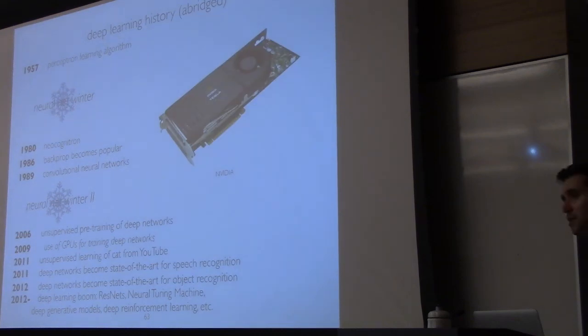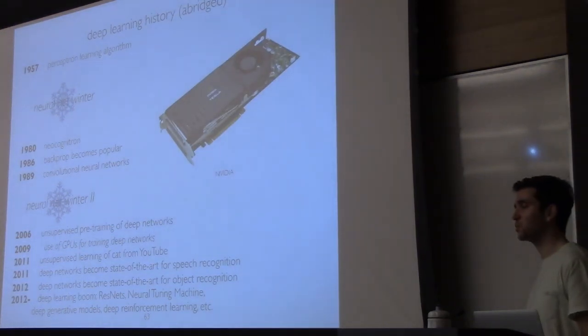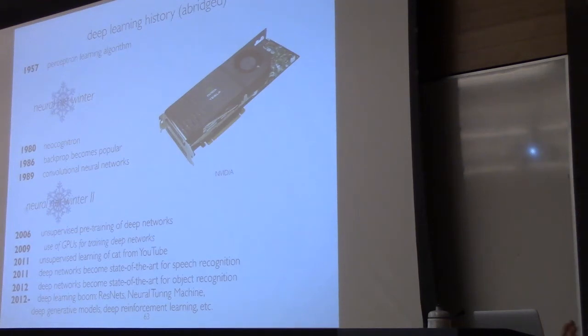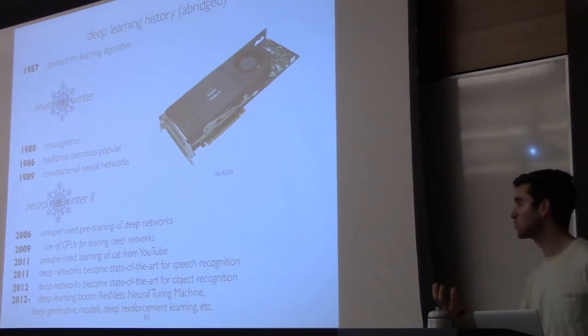In 2009, really is when people started to use GPUs for research. A GPU is a graphics processing unit. It's made for handling graphics processes where you're trying to update a bunch of pixels.